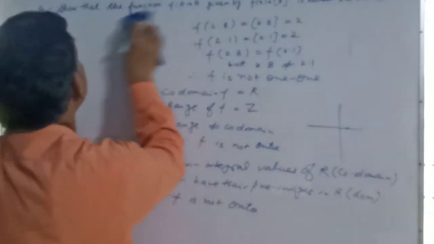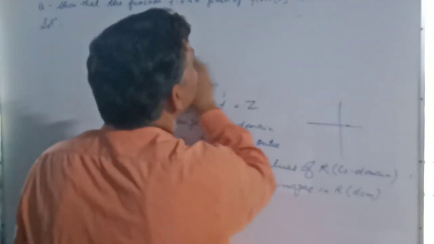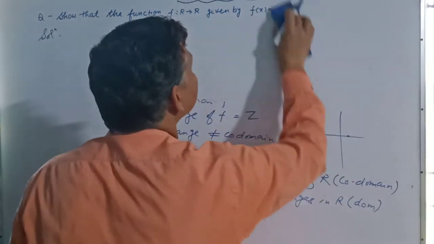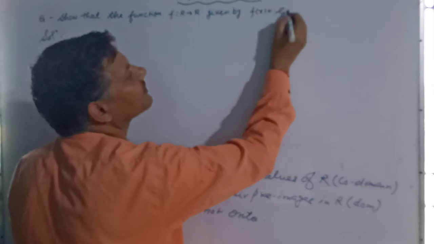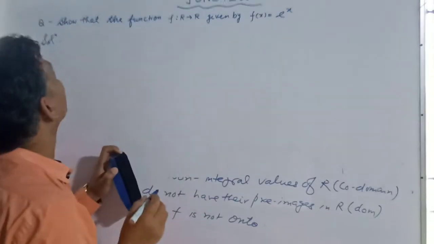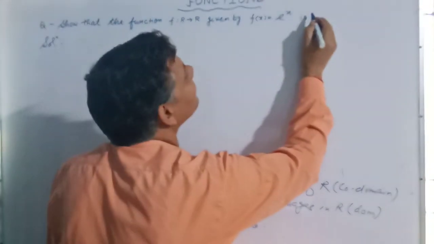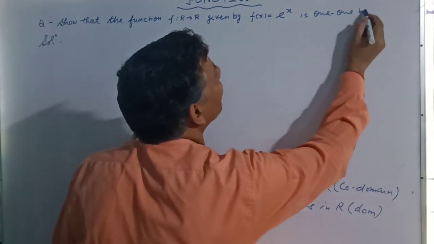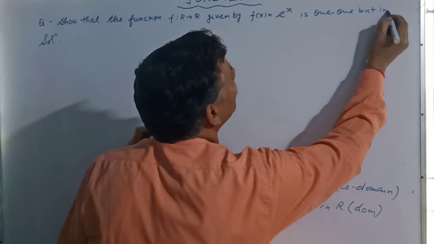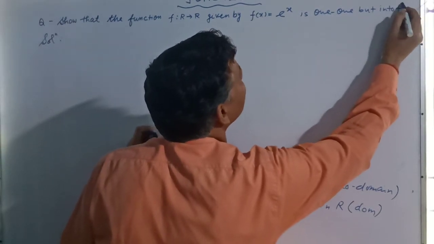Next situation is when we take f(x) as the exponential function. So it is 1-1 but into function.